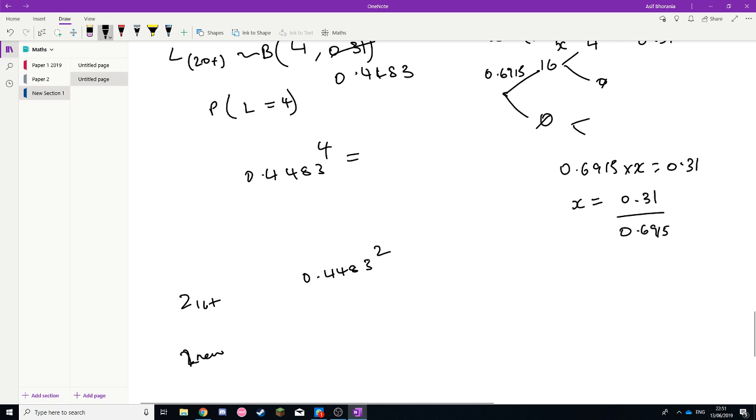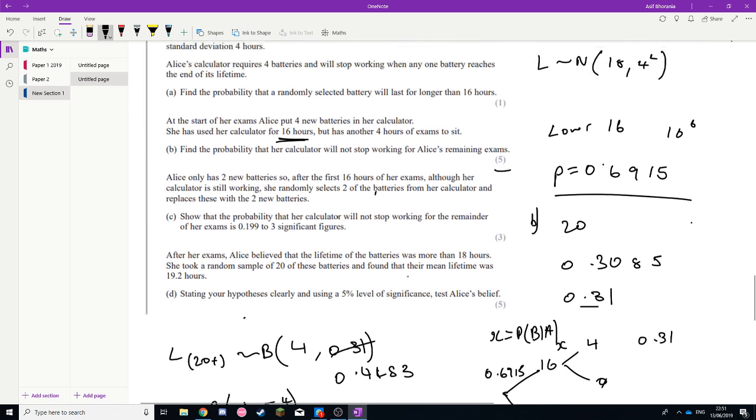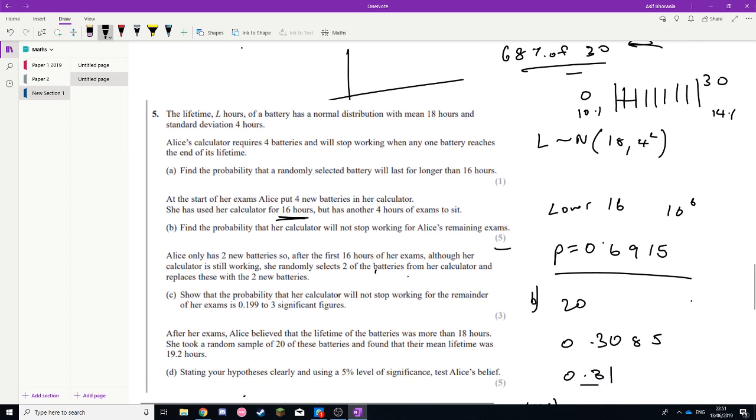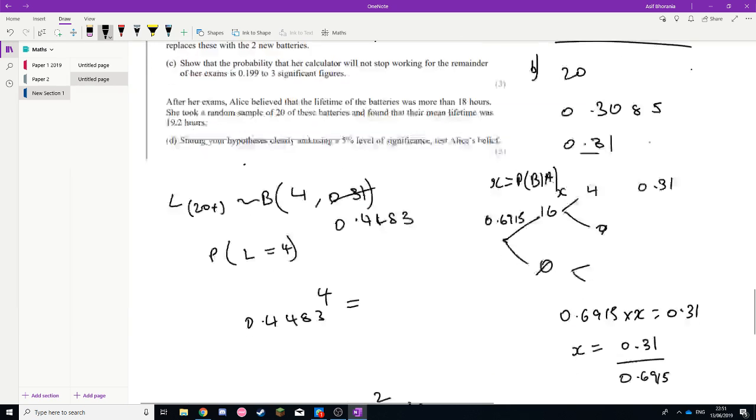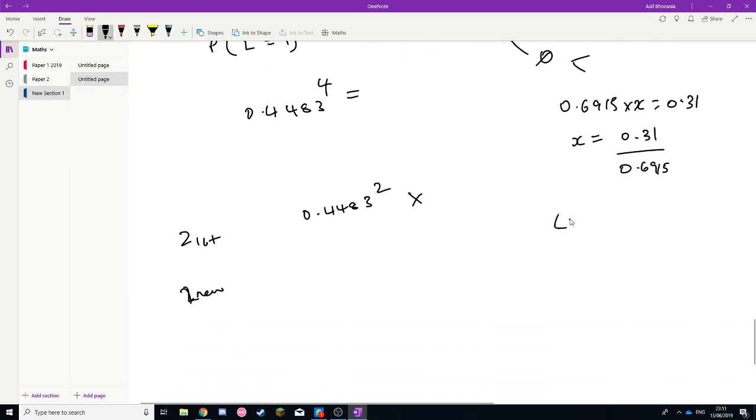The probability that the two new ones survive, using my normal distribution, L is distributed N(18, 4 squared), the probability that they survive for 4 or more, so the lower bound is 4, upper bound is 10 to the 6 again, just for the sake of the calculator, and work out the probability of that. That should be a pretty large probability, I think.